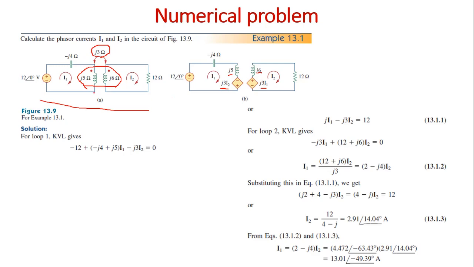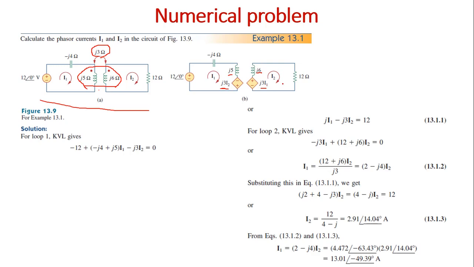For coil 1, self inductance value is j5. Current through the circuit is I1. And mutual inductance is j3 they have given. The mutual term in coil 1 will be due to current in coil 2, so it is j3 I2. This is a dependent source.